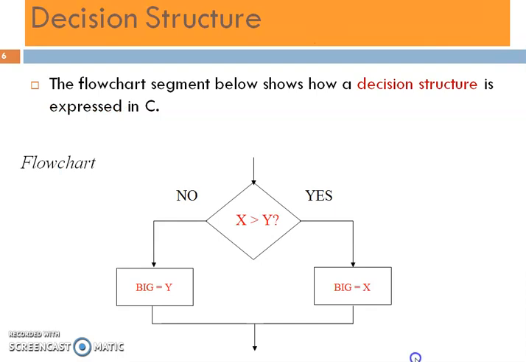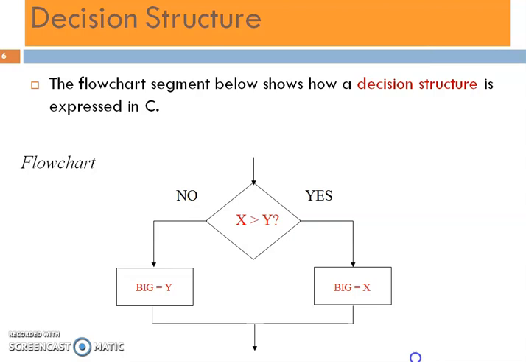Next symbol is the diamond symbol that is used for representing the decision. Suppose I want to find out whether x is greater than y, and based on that I have to take the variable big equal to x or y.